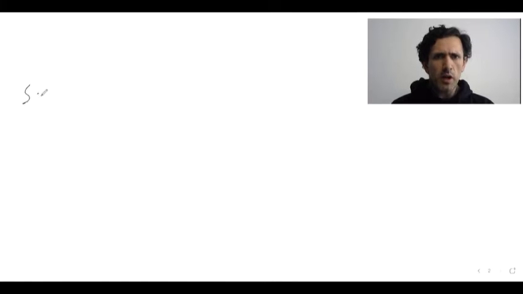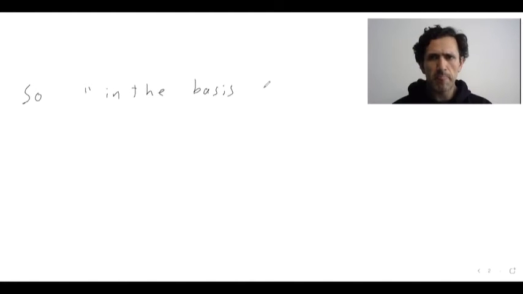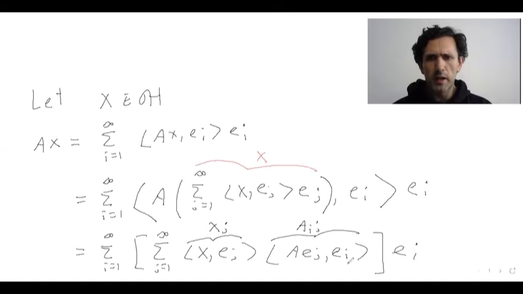And so we say in this case, in the orthonormal basis e_i, the ith component of AX, which is nothing more than the coefficient of AX with respect to your orthonormal basis vector e_i.